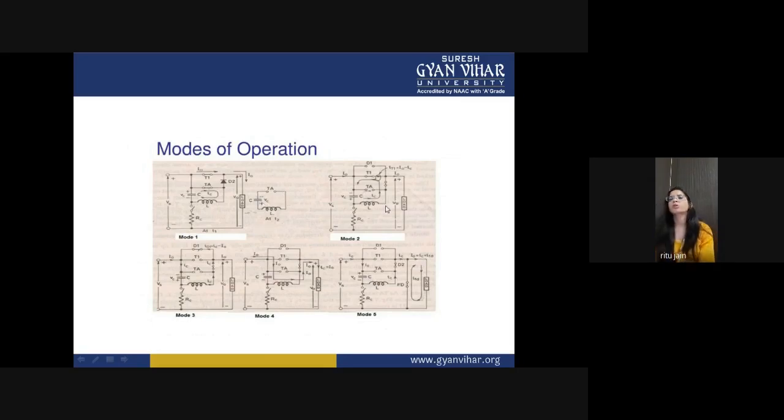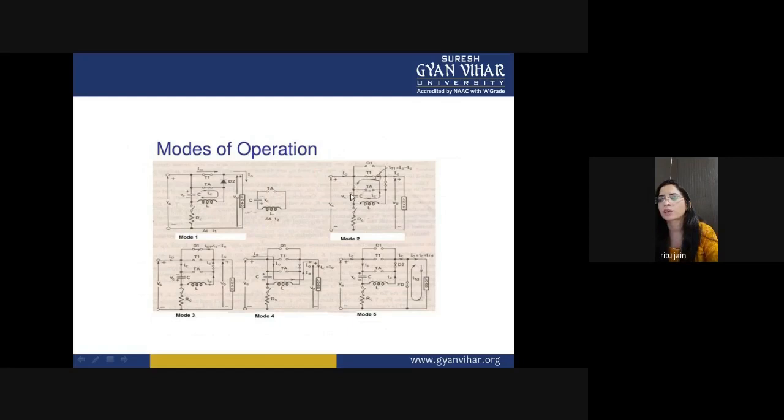Now in mode 2 operation, thyristor TA is turned off, and you can see in this diagram that when it is turned off, this terminal is negative, this terminal is positive, so it starts to discharge through this path.